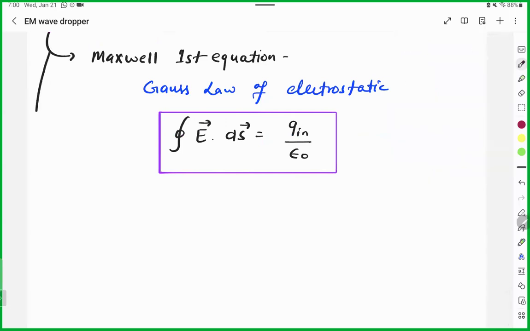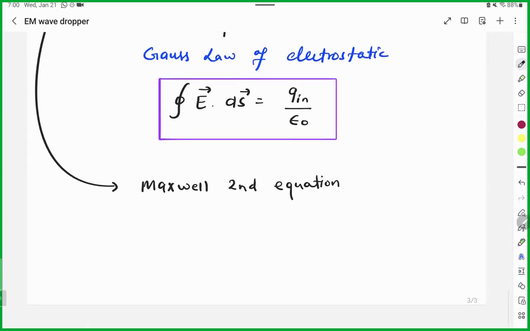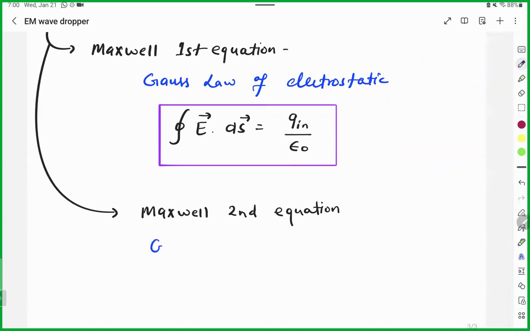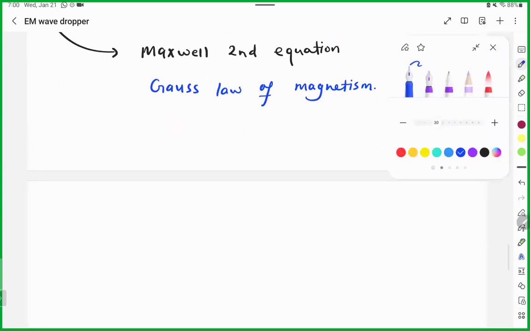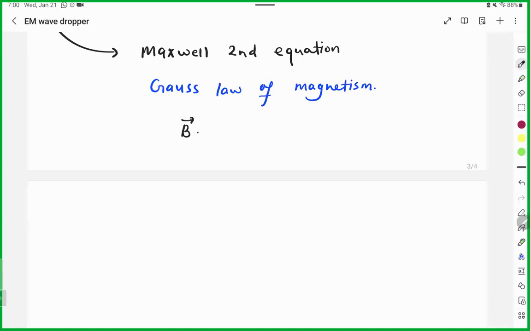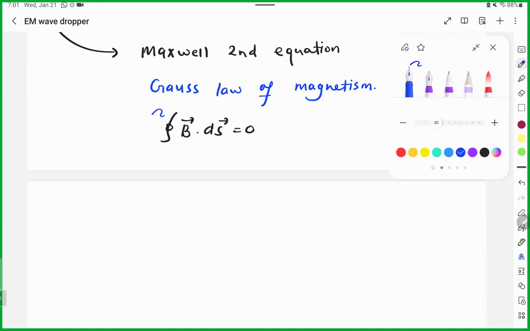So Sarah, what is the Gauss law of magnetism? B dot ds over a closed surface remains 0.